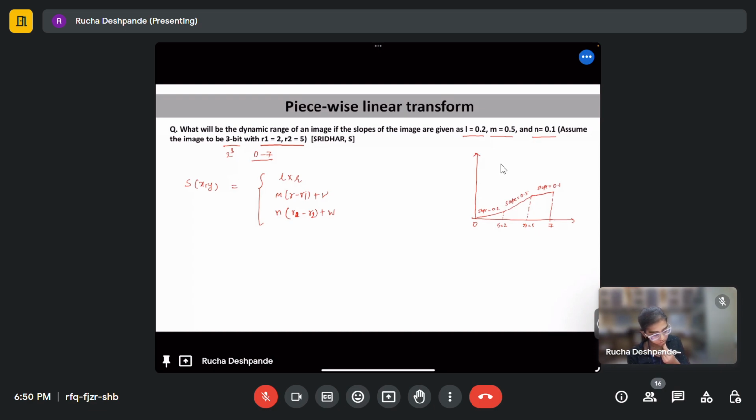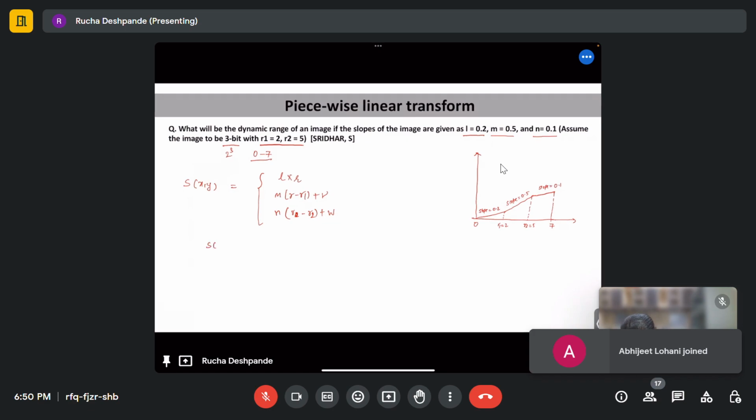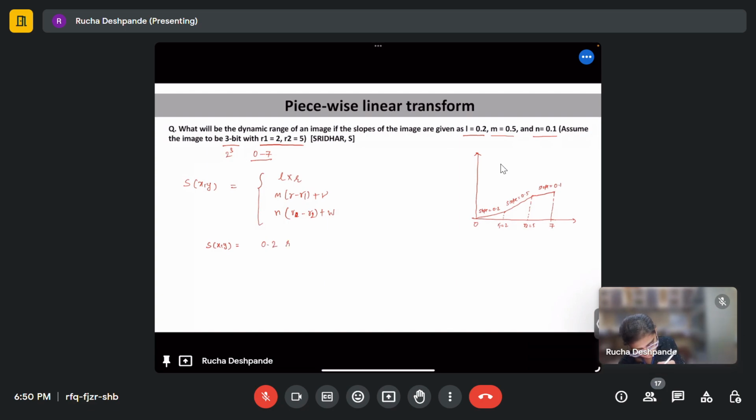So for the first line, the equation would be 0.2 into r. So between 0 to 2, for values 0, 1, 2, they will follow this equation. So for r is equal to 0, the value would be 0 itself.